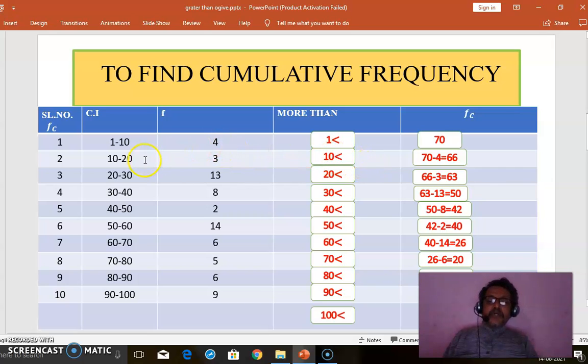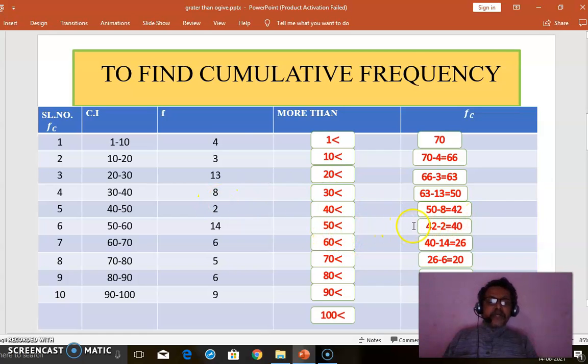Up to 20 there are 7 frequencies, so subtract 3: greater than 20 is 63. Going on subtracting: greater than 30, 63 minus 13, 50. Greater than 40, 50 minus 8, 42.